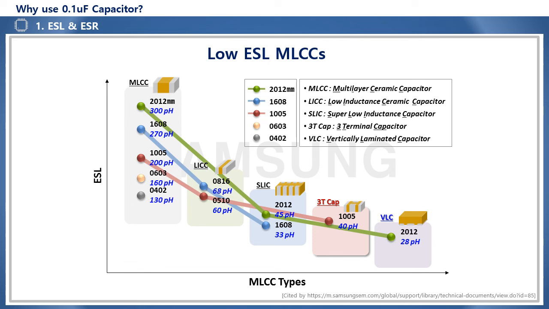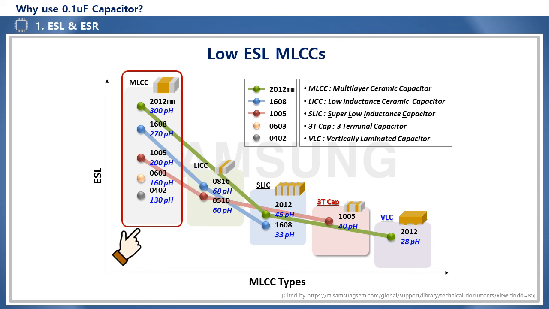Depending on the internal physical structure of the capacitor, special capacitors with low ESL characteristics, called LICC, SLIC, 3T-cap, and VLC, are supplied, and these capacitor types are applied to circuits or systems that are very sensitive to noise.